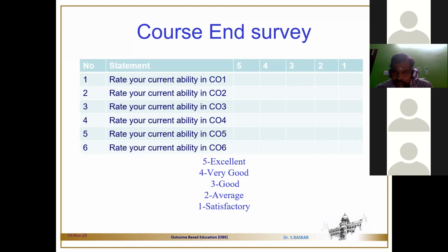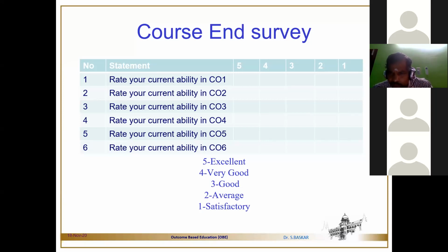If your expected opinion is 4, let us assume that I am fixing expected opinion as 4, then what will happen to the course outcome attainment in the indirect way? Are you able to calculate?